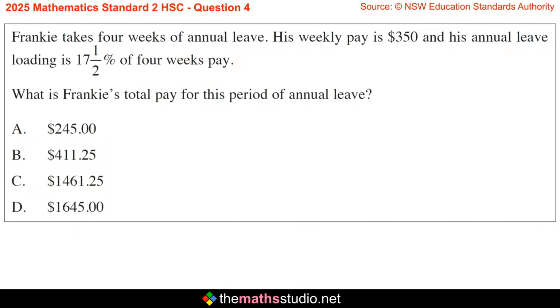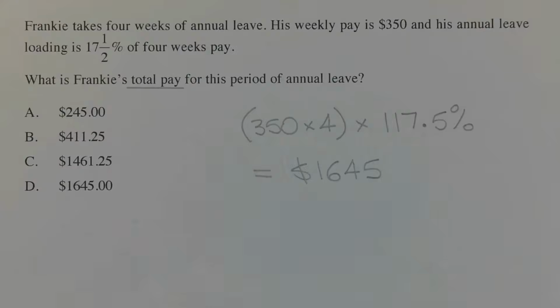Question 4. Frankie takes 4 weeks of annual leave. His weekly pay is $350 and his annual leave loading is 17.5% of 4 weeks' pay. What is Frankie's total pay for this period of annual leave? Frankie earns $350 per week.